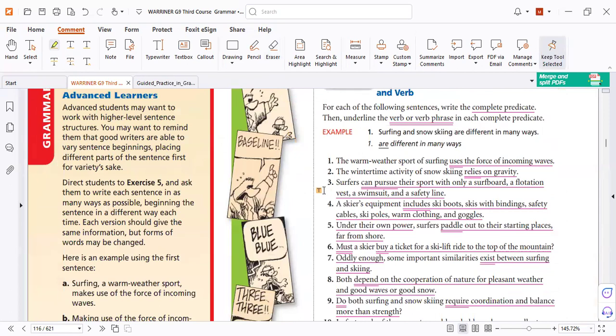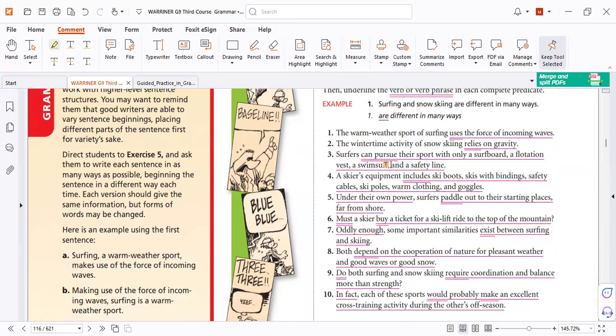Now, in every sentence, we need to know what the subject and the verb are. Let me answer number one. The warm weather sub: this is adjective, noun, of, and uses. Now ask myself, who or what uses the force of incoming waves? The sport, not the surfing. Surfing is the sport itself.